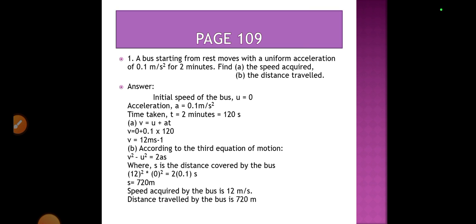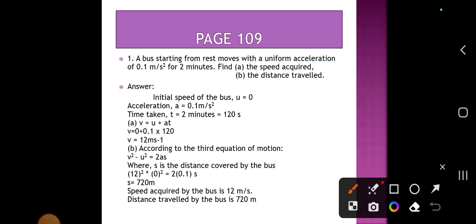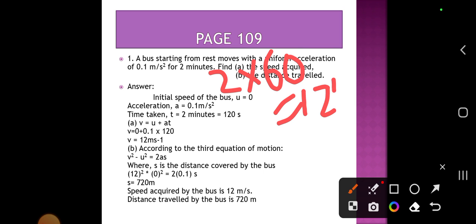Here we know that the initial speed of the bus u is equal to 0, because it is starting from rest. Now the acceleration is given, that is 0.1 meter per second squared. The time taken t is also given, 2 minutes. Now we convert this 2 minutes into seconds, so we will get 120 seconds.